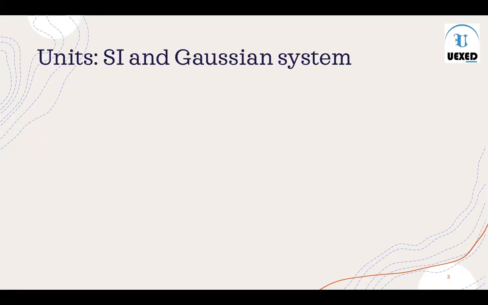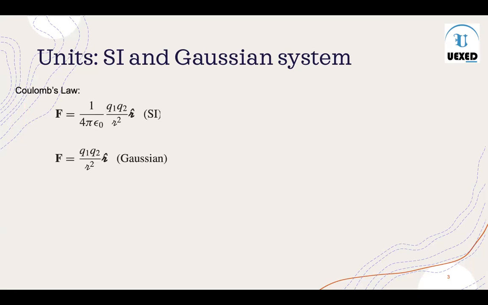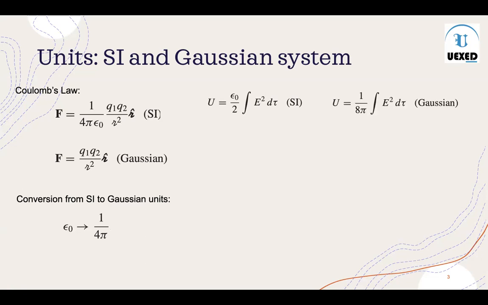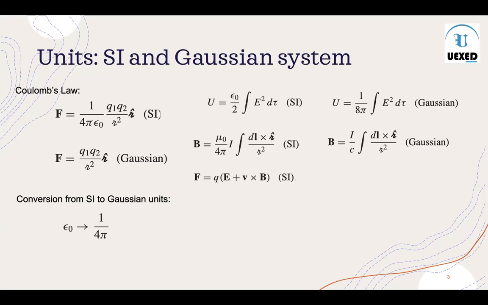Then we talked about the SI unit and the Gaussian system, where we discussed how Coulomb's law is represented in SI and Gaussian units, and the conversion factor where epsilon naught goes to 1/4 pi, which is absorbed in the charge itself. Similarly, one can discuss the energy in the electric field in these two units, and Gauss's law is also defined in terms of these two units.